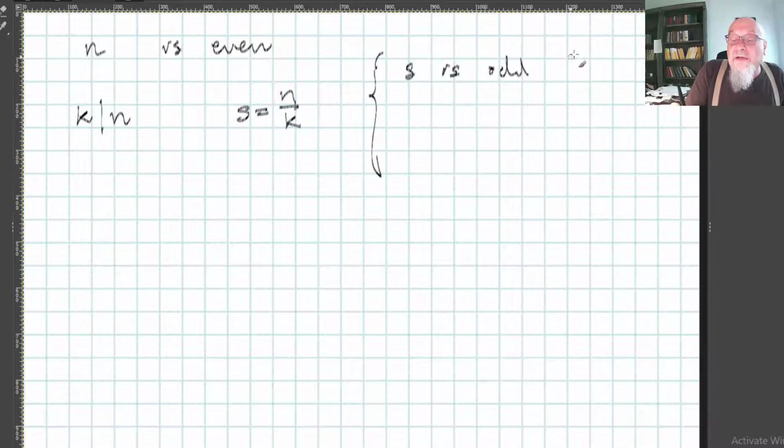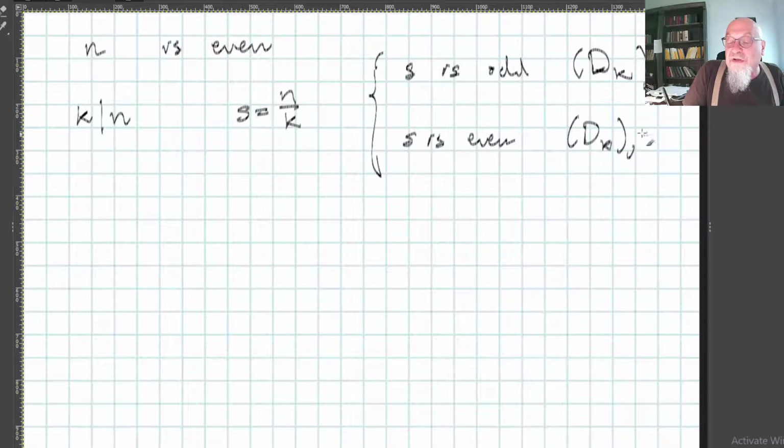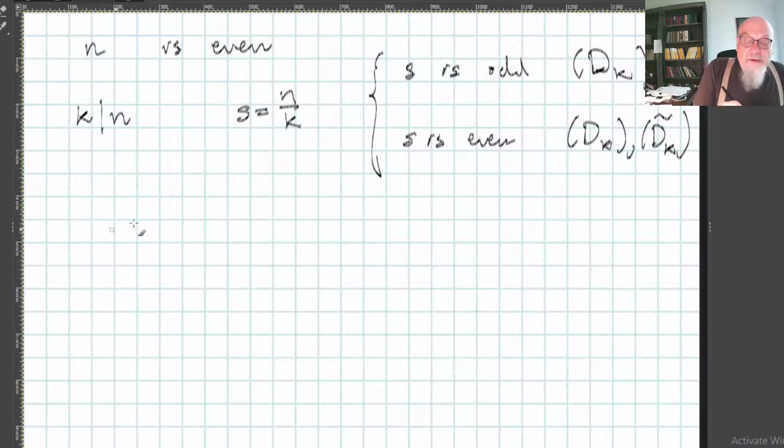Then in this case, we have here the group dk. This is the conjugacy class of the group, let's say dk. If s is even, then we also have there another group, subgroup, which we call dk tilde, which is not conjugate to dk, and let me put it out how it is.